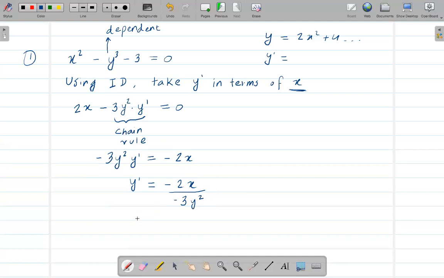The negatives cancel, so y prime is 2x over 3y squared. This way we found the value of y prime, which is what we were trying to find. Whatever I showed here is called the implicit differentiation method. Okay, let's do another one.